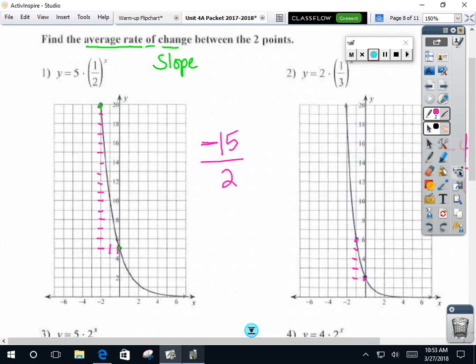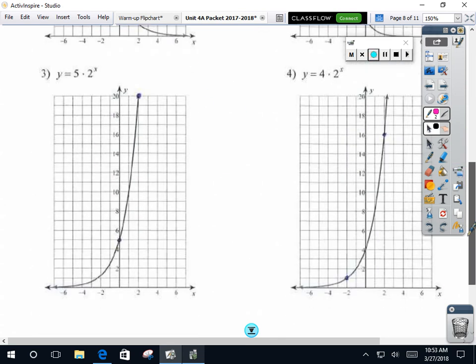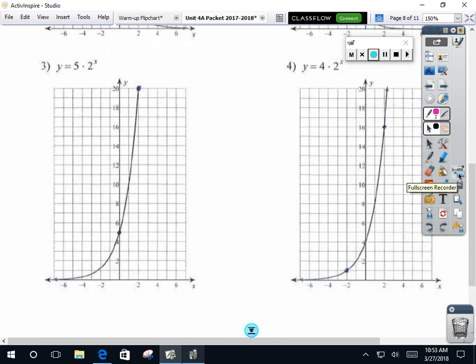Okay, number 3. This time, you know your average rate of change has to be what kind of number? Positive, because it's a growth. So if we go from the left point, which is right here at the y-intercept, up to the point up here, that's up 1, 2, 3, 4, 5, 6, 7, 8, 9, 10, 11, 12, 13, 14, 15. So rise 15, run 2.